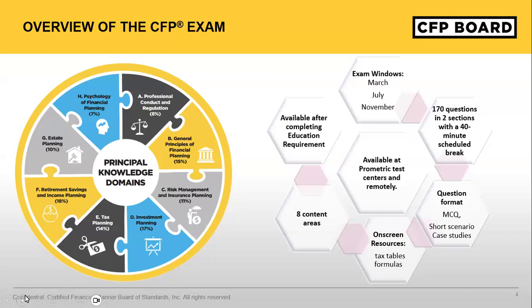Risk management and insurance planning is 11% of the exam. We have investment planning, 17%, tax planning, 14%, retirement savings and income planning, 18% of the exam, estate planning, 10% of the exam, and then we have psychology of financial planning, which is 7% of the exam.